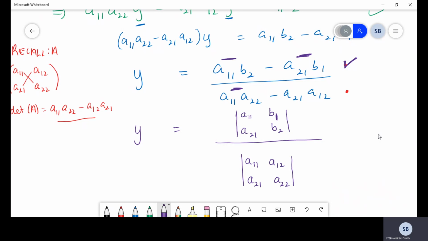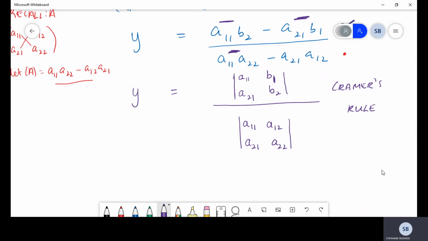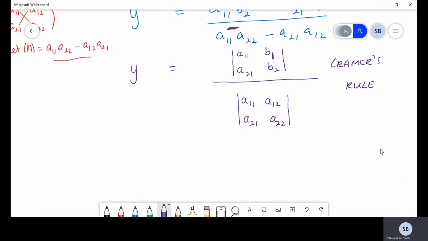And then we end up getting Cramer's rule for finding the value of y in a system of equations using the determinant method, right? So essentially, if we had gotten values for A and B and so on, we could apply Cramer's rule successfully to find it. And this rule also applies for the x value.